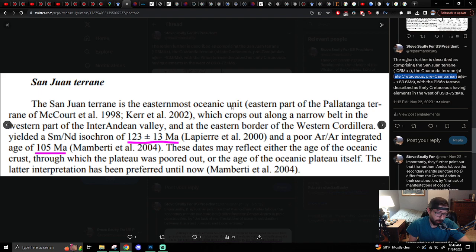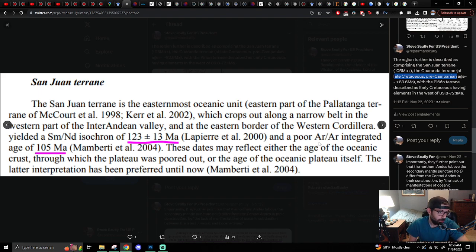Easternmost oceanic unit, so before the Pinon terrain, is the San Juan terrain, the easternmost one, like the first accreted one, which crops out along a narrow belt in the western part of the Interandean Valley. So places it can be seen at the surface, basically, and yield an isochron of 123 plus or minus 13 million radiometric dating, and a poor argon integrated age of 105 million radiometric dating.